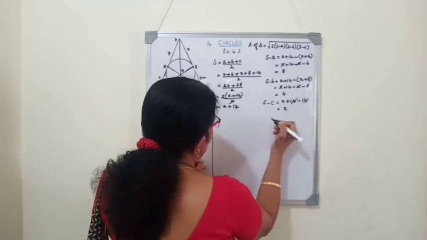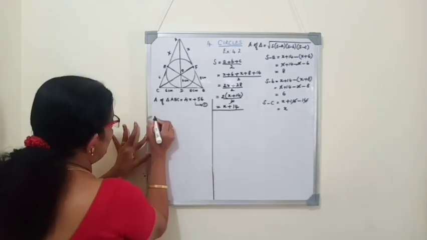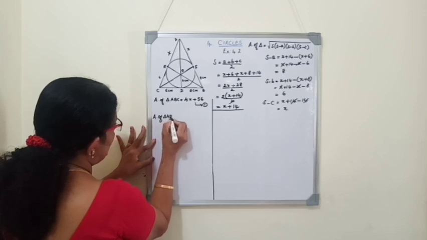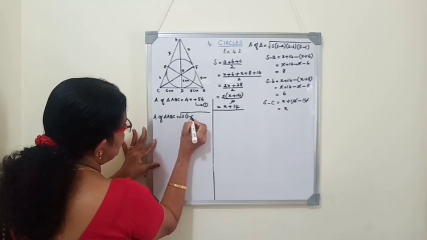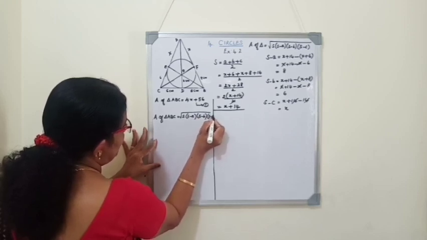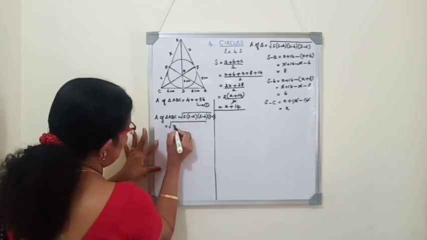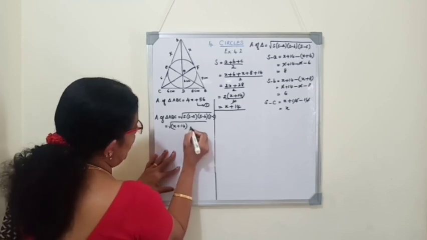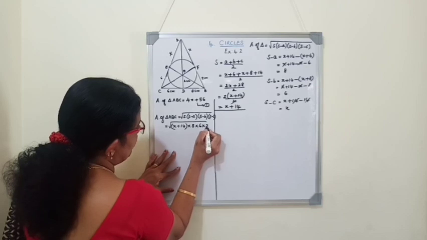It is x. So now area of triangle ABC equals square root of s into s minus a into s minus b into s minus c equals square root of s is x plus 14, s minus a is 8, s minus b is 6 and s minus c is x.